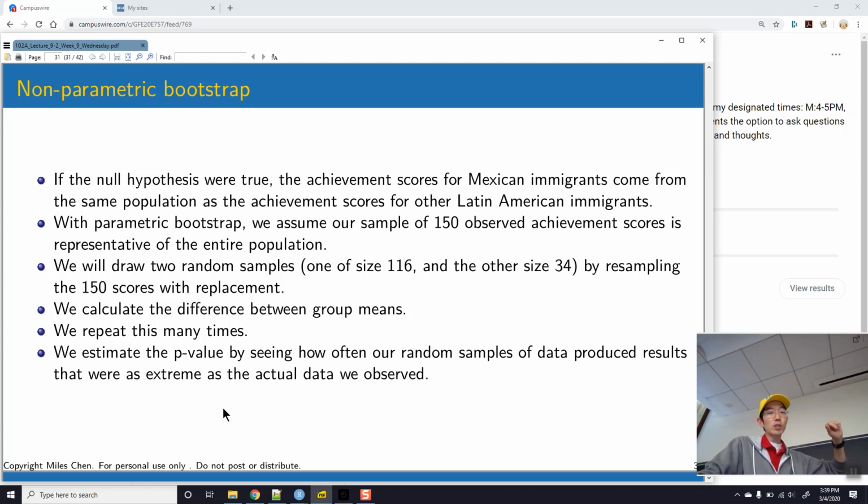So we're going to draw two random samples by resampling those 150 values with replacement. We're going to draw one sample of size 116 and another sample of size 34, and calculate the difference between these two group means. We're going to repeat this a whole bunch of times, and then estimate our p-value by looking at the sampling distribution.